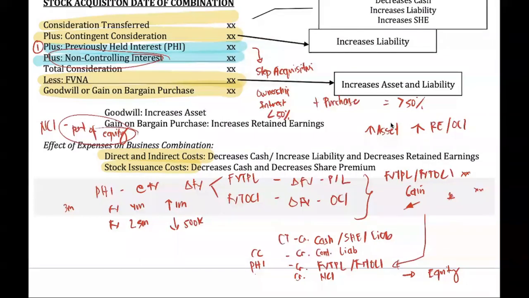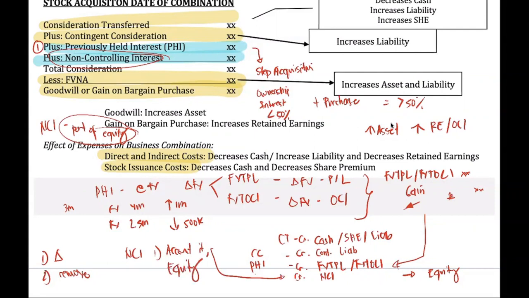So in your stock acquisition, what is the only difference again? Previously held interest, where you need to account for the change and then subsequently remove it from the books. Next, as to your non-controlling interest, what should you do? You should account for it and place it as part of equity.